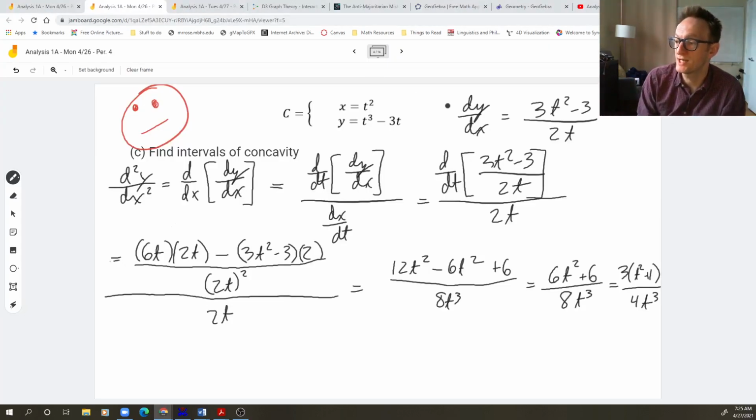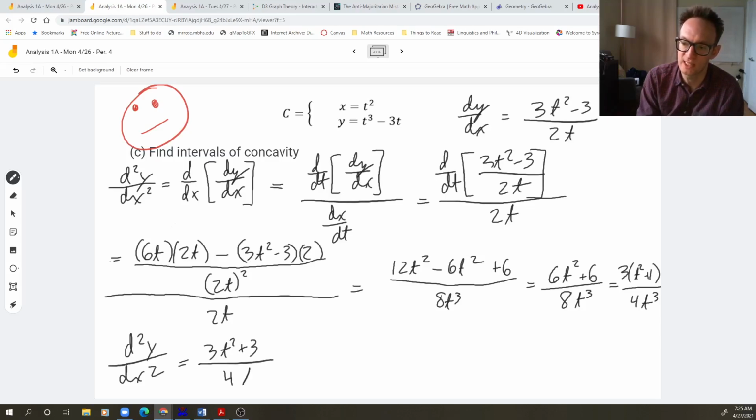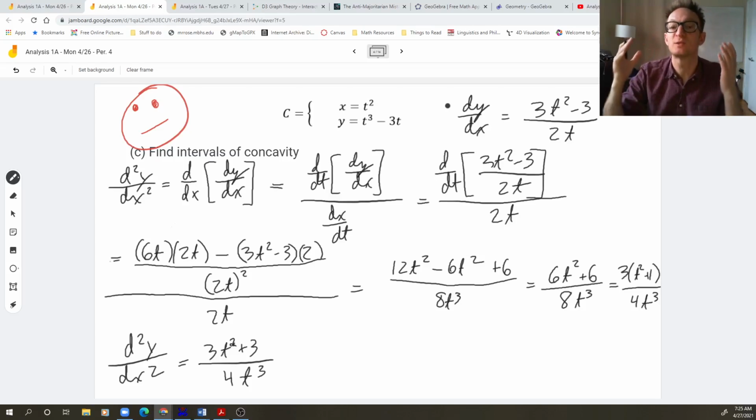Okay. So, all right, what's the point of this? I have now concluded that this d squared y dx squared is indeed 3t squared plus 3 over 4t cubed. Okay, so what do I have here? I have a formula which takes as input a time and outputs the second derivative of the curve at the point that the object is at that time.